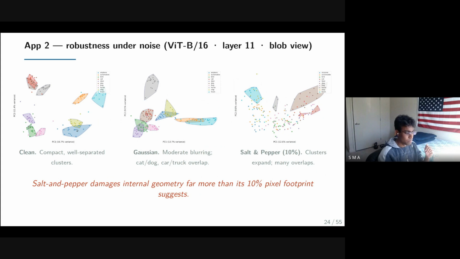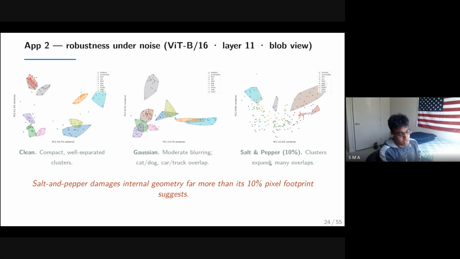But when you apply some Gaussian noise, there's some blurring happening in the high dimensional space. The data points on the left and in the middle are exactly the same data points, but there's some merging and overlap, and the clusters are mixing because of the perturbation you're applying to the data point.